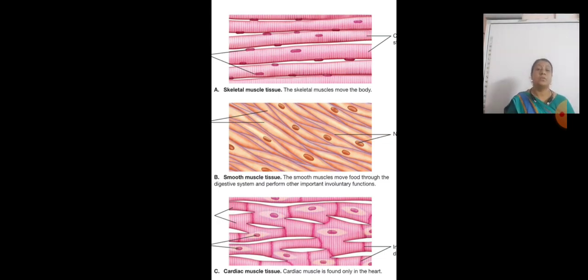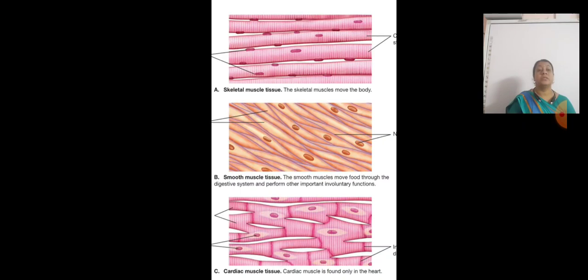Voluntary muscles are those muscles which are in our control. Involuntary muscles are not in our control. Cardiac muscle is only found in the heart. Voluntary muscles are present in the nose, eyes, and hands. Involuntary muscles are in your organs because they are not in our control.